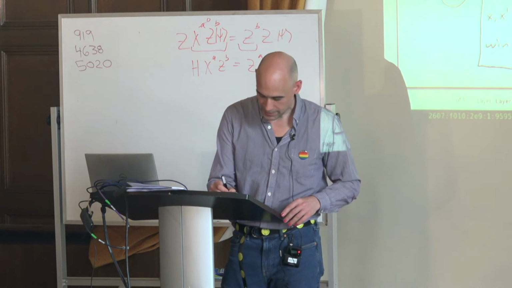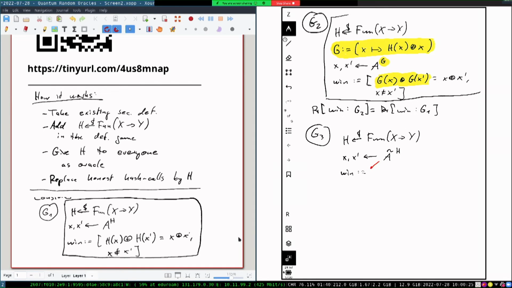Okay, but now the interesting thing is what happens to the winning condition, because now this becomes H of x XOR H of x prime equals x XOR x prime, and they are different.